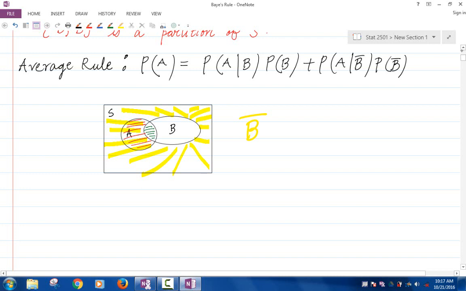Notice that if I am thinking of these two as weights, I am thinking of this one as weight 1 and this one as weight 2. Notice that W1 plus W2 is 1. So I can think of W1 and W2 as weights. Okay, I can think of the right-hand side as a weighted average. Is that making sense?